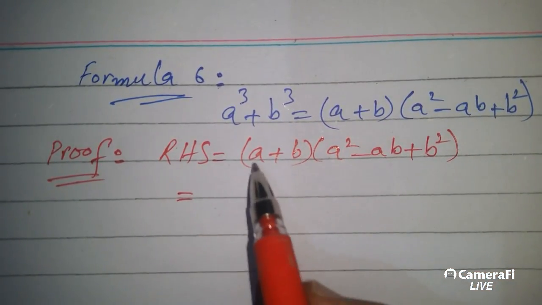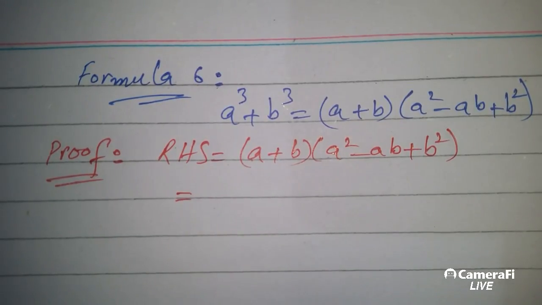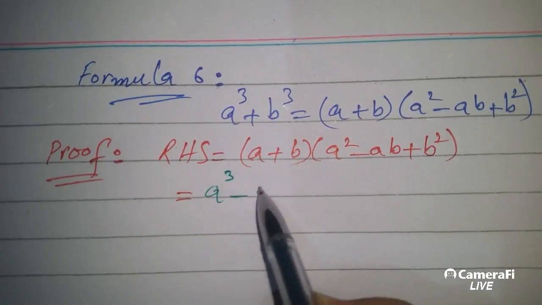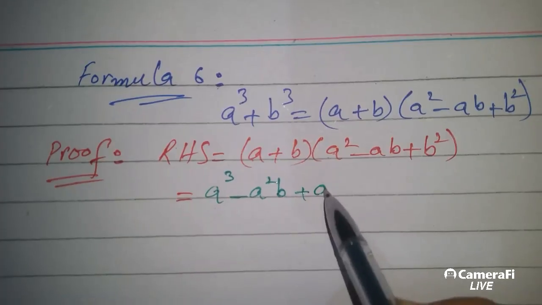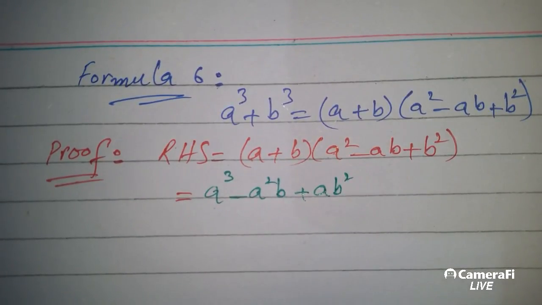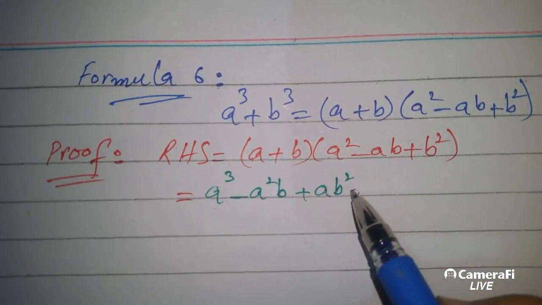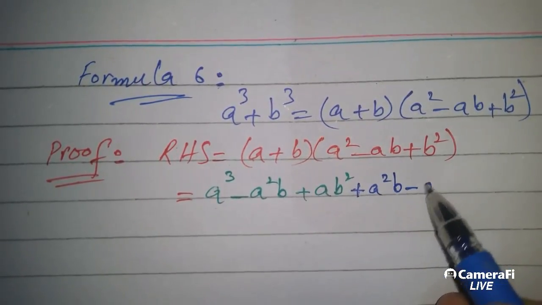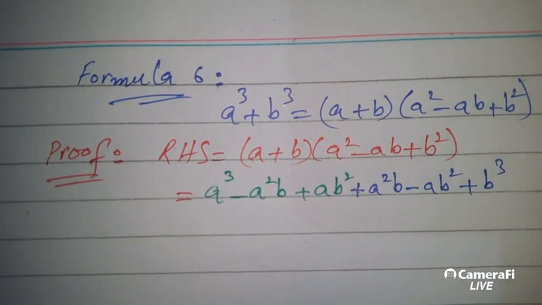Let's try to prove this one. When a is multiplied with all these terms, I get a cube minus a square b plus ab square. When b is multiplied with these three terms, these become a square b minus ab square plus b cube.